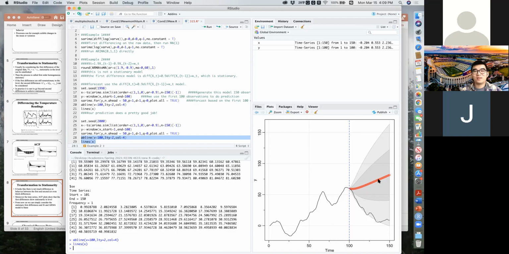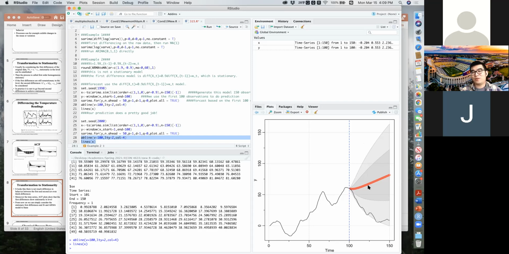So this prediction does a pretty bad job. But you still cannot say that they are doing the wrong thing, because our true data is still within this confidence interval. Even though it is at the borderline of the lower bound, it is still within our 95% confidence interval.